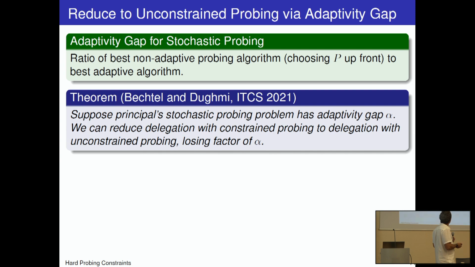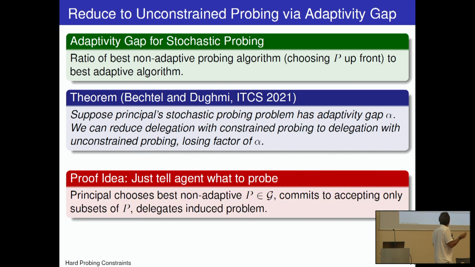So here's a theorem from our first paper on this. If the stochastic probing problem has adaptivity gap alpha, then we can reduce the constrained probing setting to the unconstrained probing setting at a loss of alpha. And the proof is exactly what you'd hope it would be. Just tell the agent what to probe.